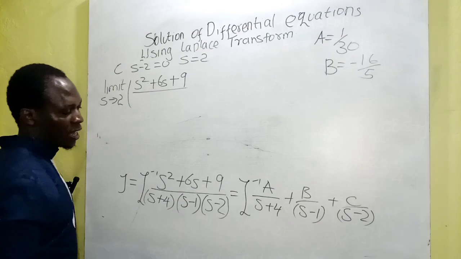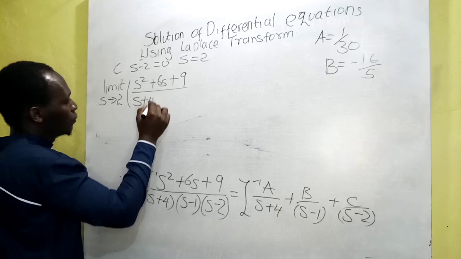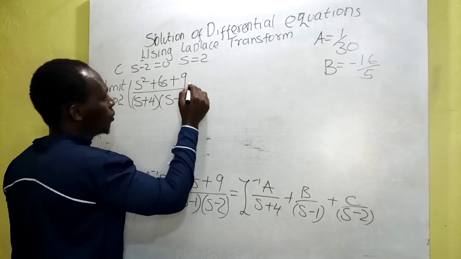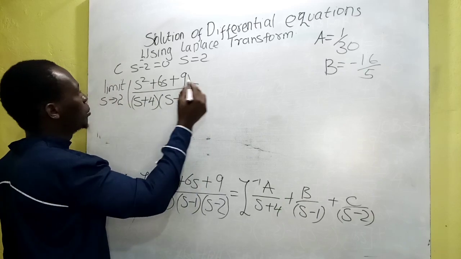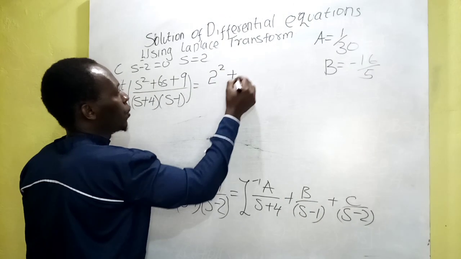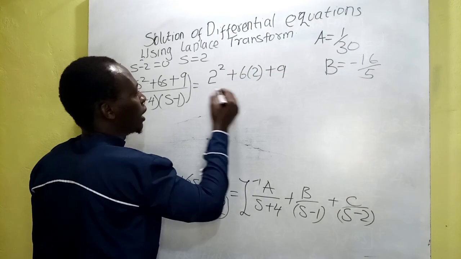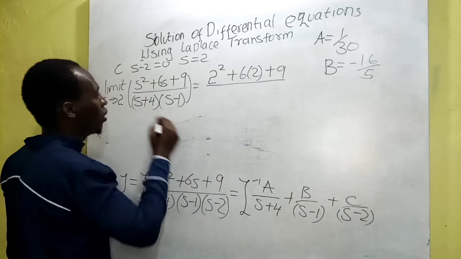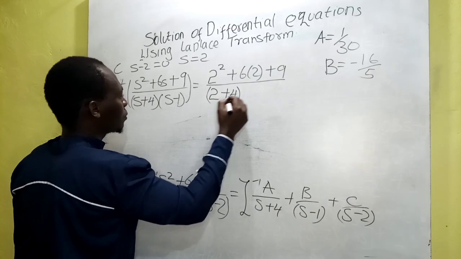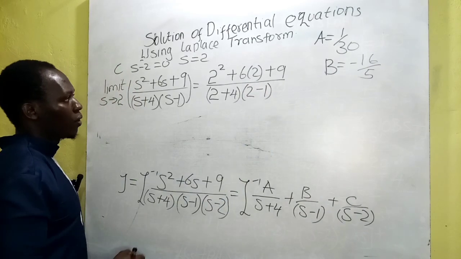We cover up our term of s, and now we are going to have s, we add 4, into s, we subtract 1, everything is going to be equal to 2 squared, we add 6 into 2, we add 9, everything is going to be all over 2, we add 4, into 2, we subtract 1.